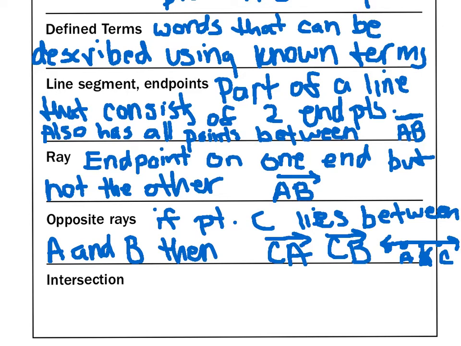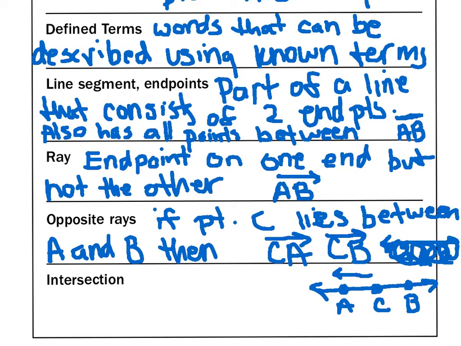Let me go ahead and erase that, if I can. It won't let me. So, let me redraw it. So, scribble that out. Okay. If point C lies between A and B, then C to A and C to B are opposite rays.